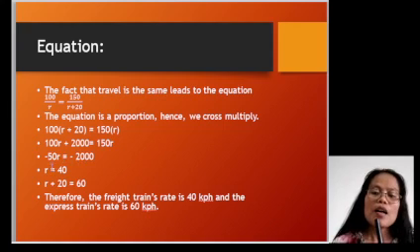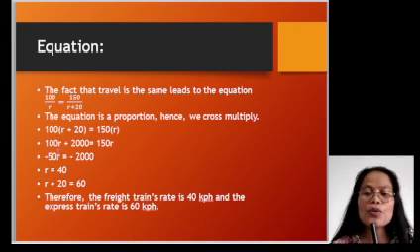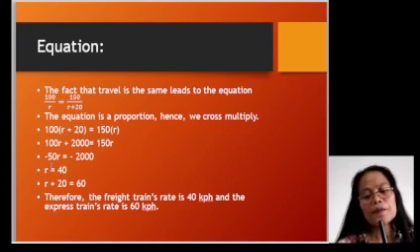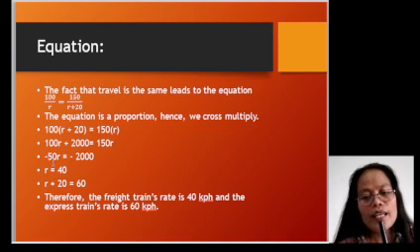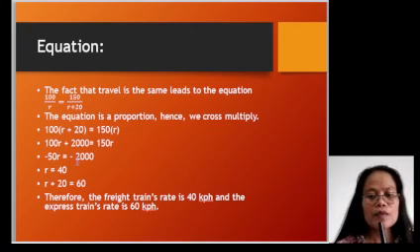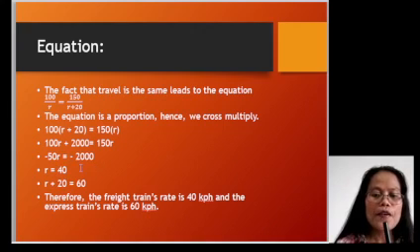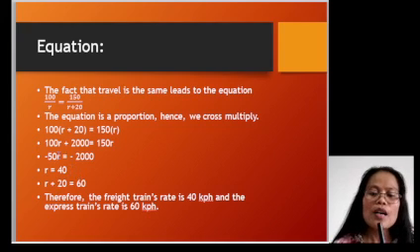Since the number together with R is negative 50, we need to divide both sides by negative 50. So negative 50R divided by negative 50 is R, and negative 2,000 divided by negative 50 is positive 40. And that's the rate of the freight train. And as we know, the rate of the express train is more by 20.